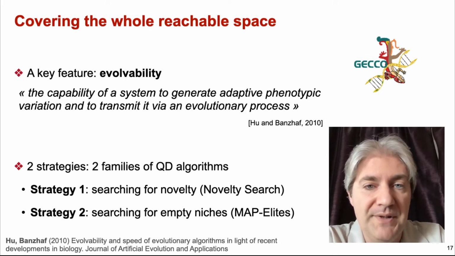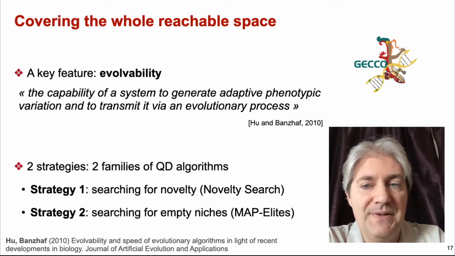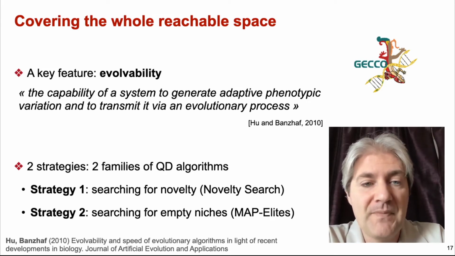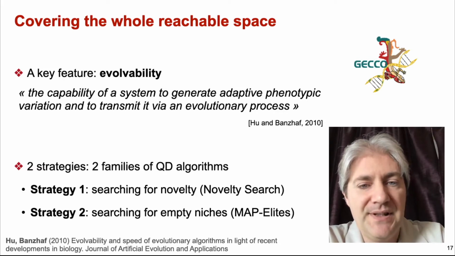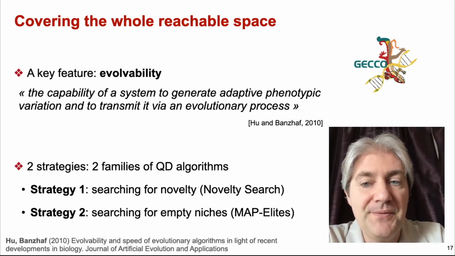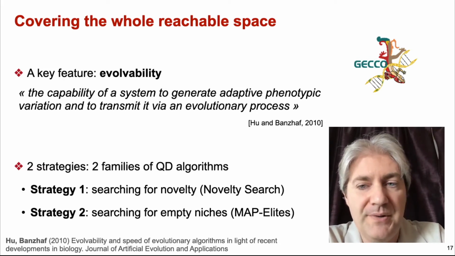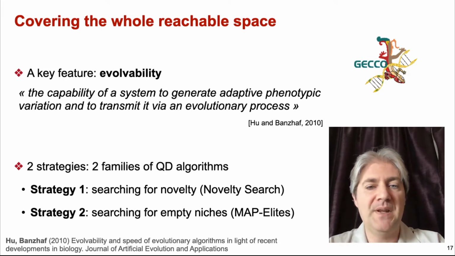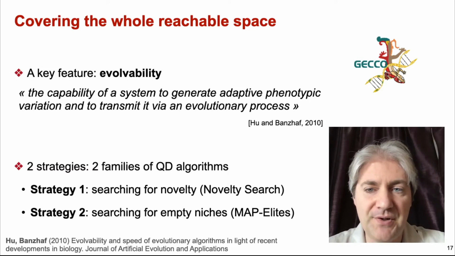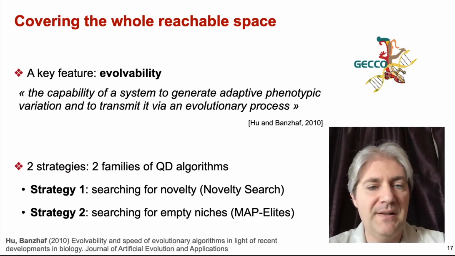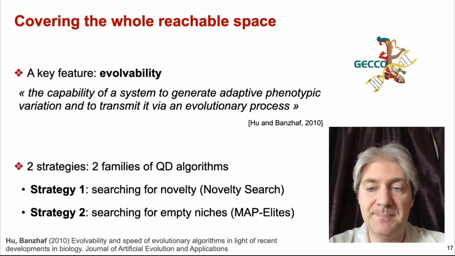We need to cover all of that. So the ability to generate variations in that space is really critical. So we will consider two families of quality diversity algorithms that are based on different principles to generate that evolvability. So the first strategy is based on novelty search, and the second strategy is based on map elites.